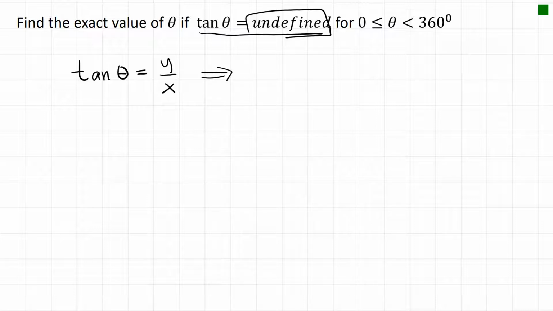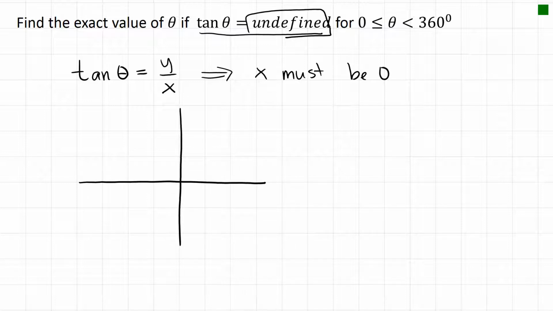So undefined means that x must be 0. So if we take a look at the quadrant, where is the x value going to be 0? If we go counterclockwise all the way to here and end right here, this point is going to have an x value of 0. So one answer is 90 degrees.